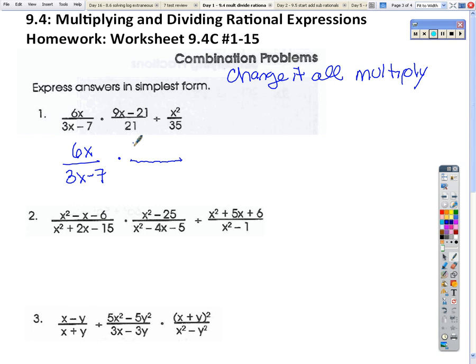I notice here these have a common factor of 3. And then I'm going to make this 35 over x squared. Okay, what can I reduce before I combine things together? This 3 and 21 can reduce to 1/7.